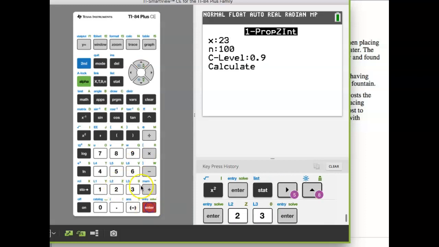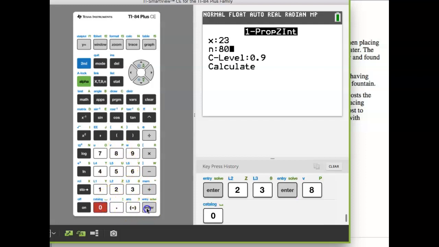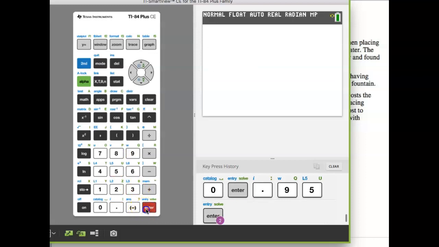It's 23 out of 80. I just want a 95% confidence interval. All right, that gives me 0.188 to 0.387.